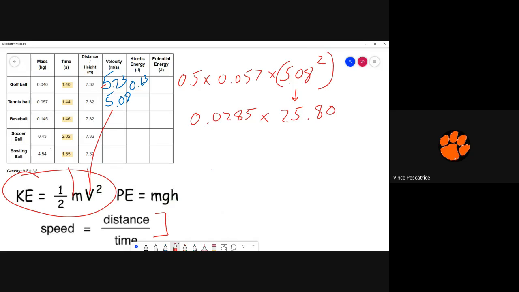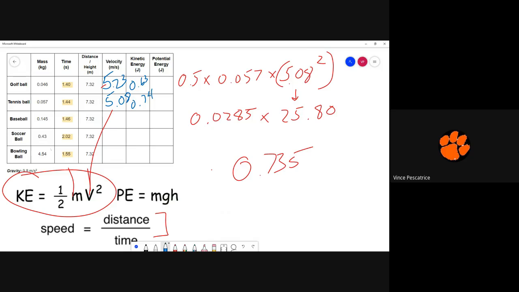So then you multiply those two together. And that should give you 0.735. And that goes in here. I'm going to round up to 7.4.